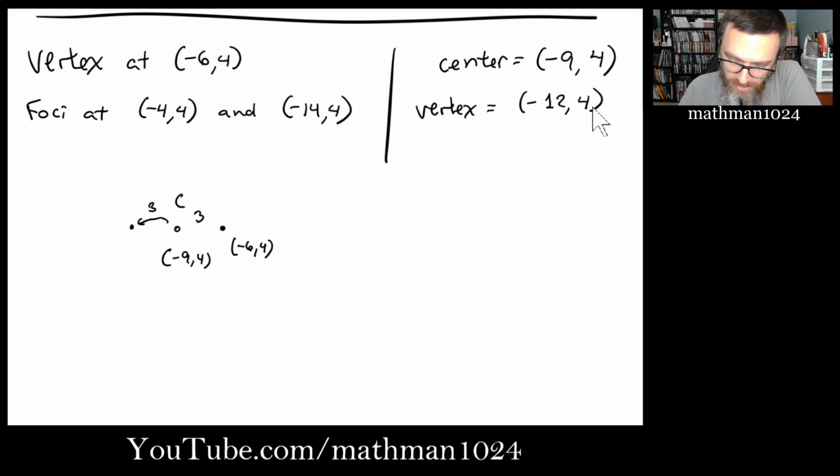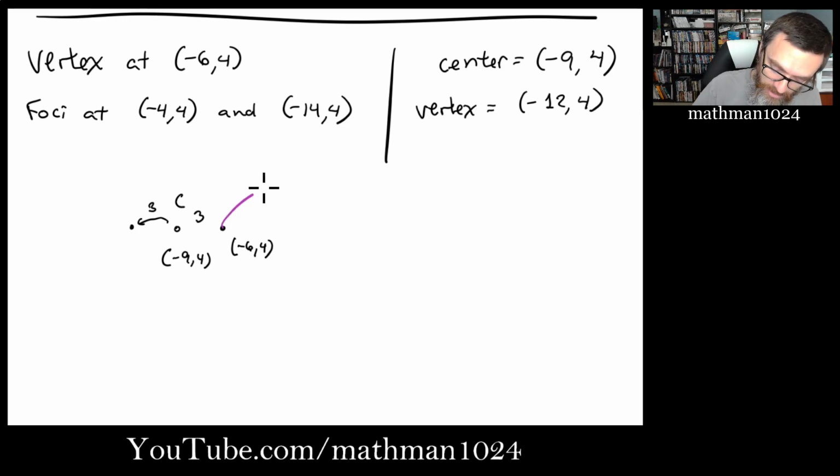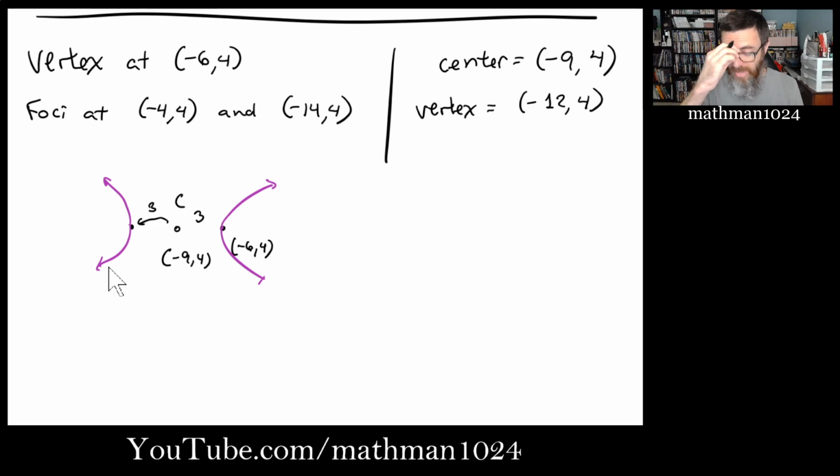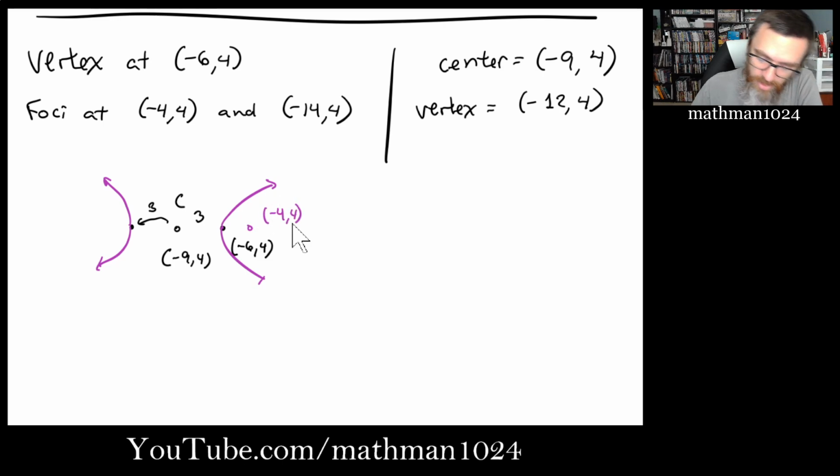All right, so let's see what we can get from here, right? Oh, we got the foci too. Oh, that's even better, right? Not even better, but it still gives us information. Because of the orientation of these vertices from the center, we know we're opening out to the sides. Your focus is going to be inside here at negative 4, 4.